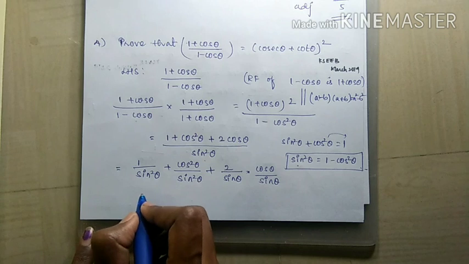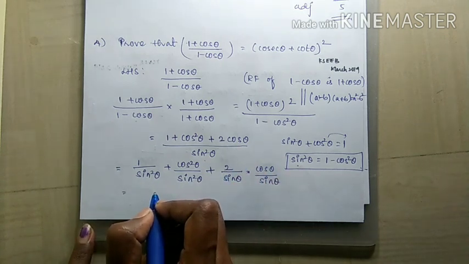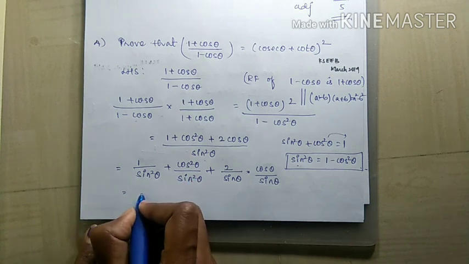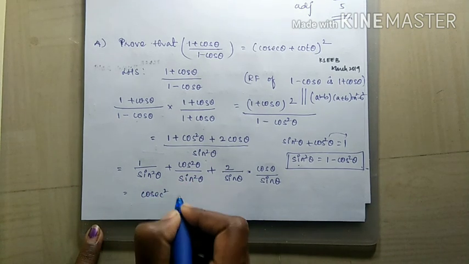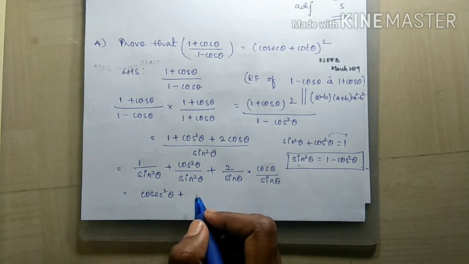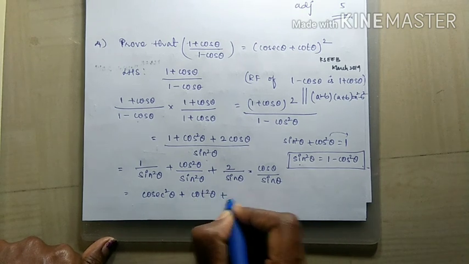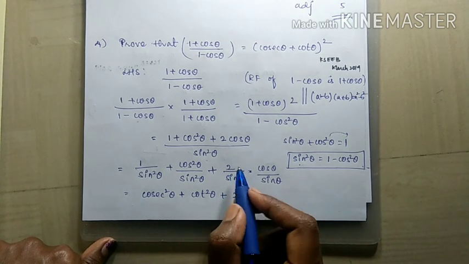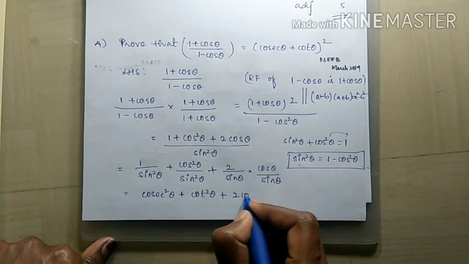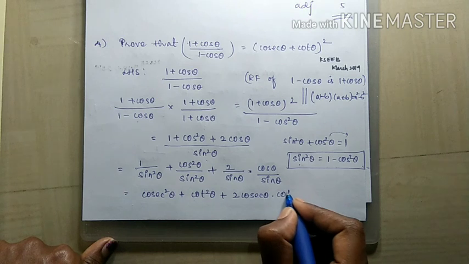Here also sin square theta will come for this term. Now 1 by sin square theta is cosecant square theta. That is, reciprocal of sin is cosecant. Now cos square theta by sin square theta is cot square theta, plus 2 into 1 by sin theta is cosecant theta, into cos by sin is cot theta.